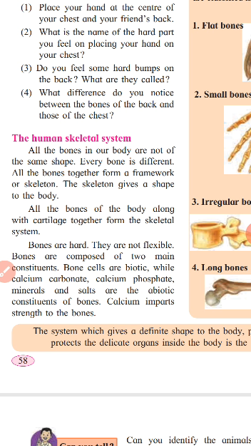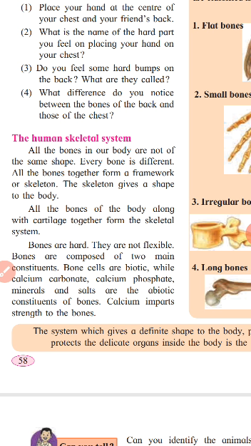If it is not there, then there are muscle pains and joint pains. This soft part disappears in old age, when we get old. Bones are hard, they are not flexible.